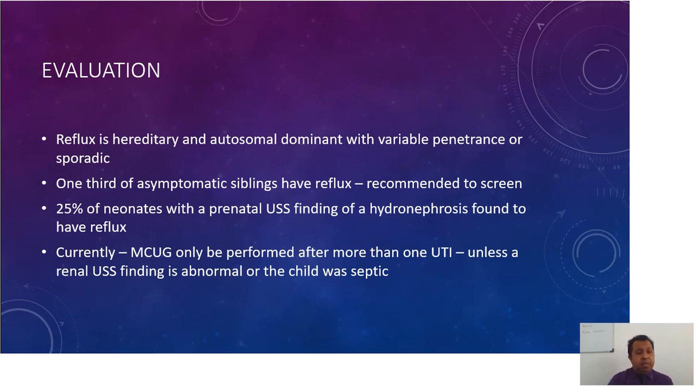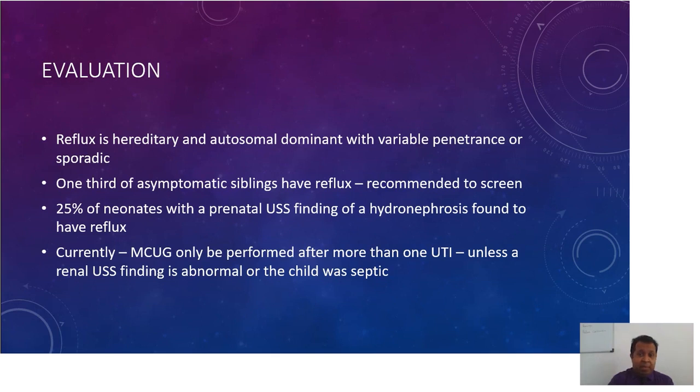How are we going to evaluate this condition? In the introduction, I mentioned that this is an autosomal dominant condition, and there is hereditary autosomal dominance. As we all know, any autosomal dominant condition has 2 features.